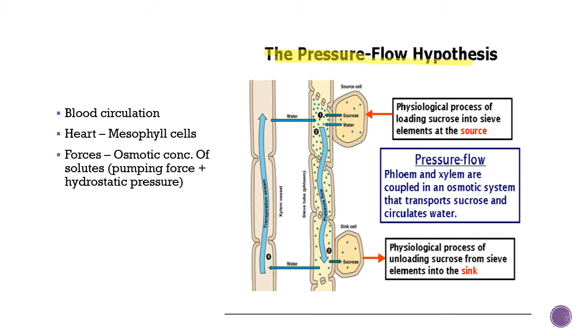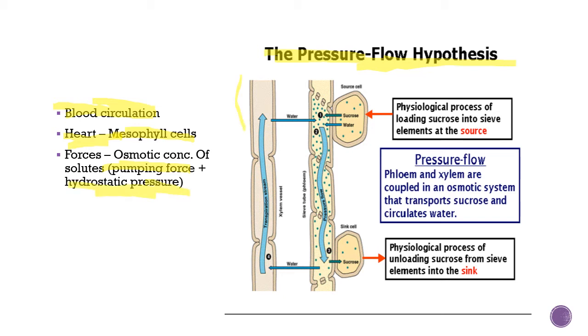So coming to the pressure flow hypothesis. This hypothesis compares the translocation process to the blood circulation system in humans. In plants, the mesophyll cells are considered to be the heart which pumps the organic solutes or the synthesized food materials. There are mainly two types of force involved in this process, namely the pumping force or the osmotic potential, and the hydrostatic pressure.